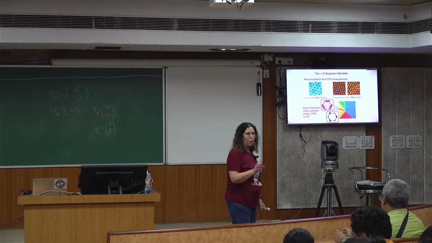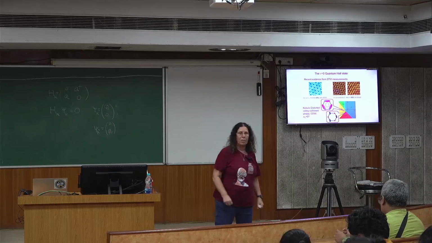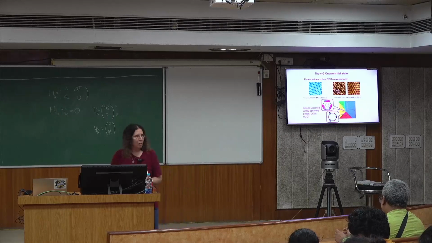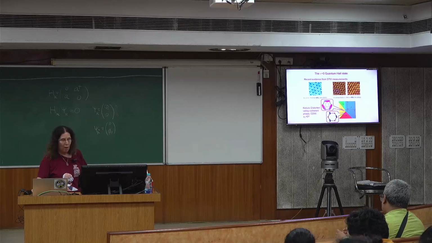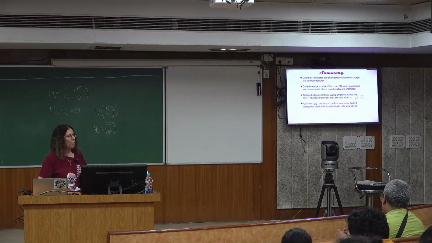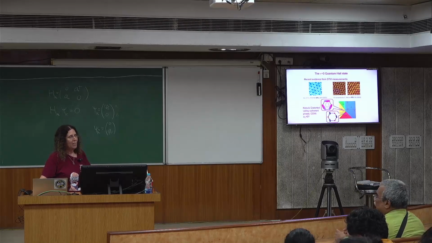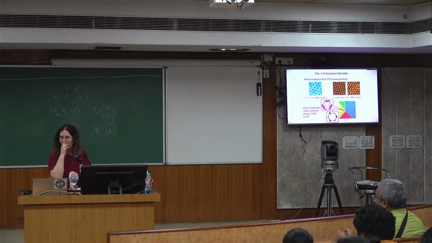It's a distortion of the electronic states. Yeah, the atoms are not moving. So let me actually just summarize, because this slide is in fact a teaser for tomorrow's talk, okay?